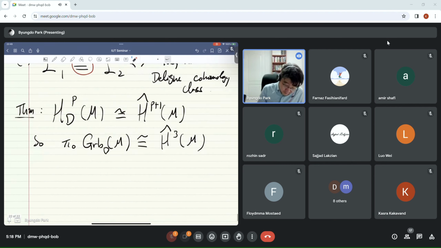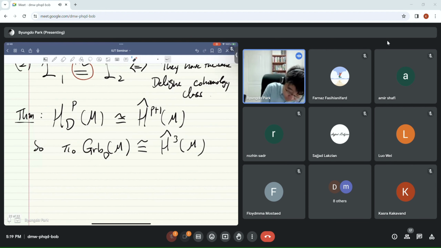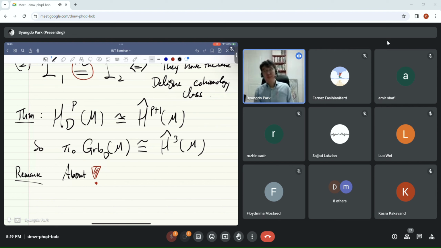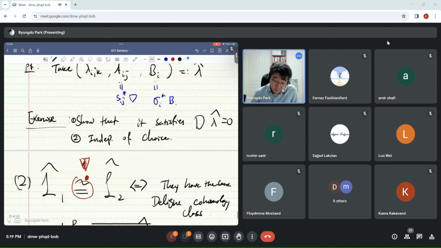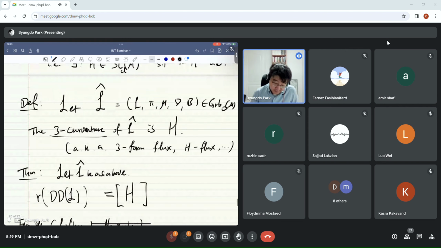So let me finish with just this one remark, about one thing that I just blackboxed. What should be an isomorphism between two bundle gerbs? You might wonder, well, isn't that easy?